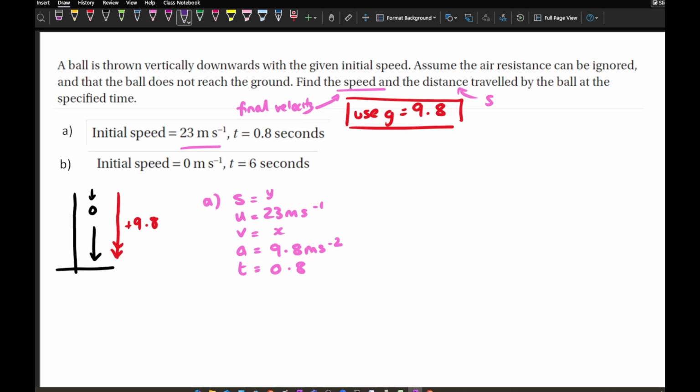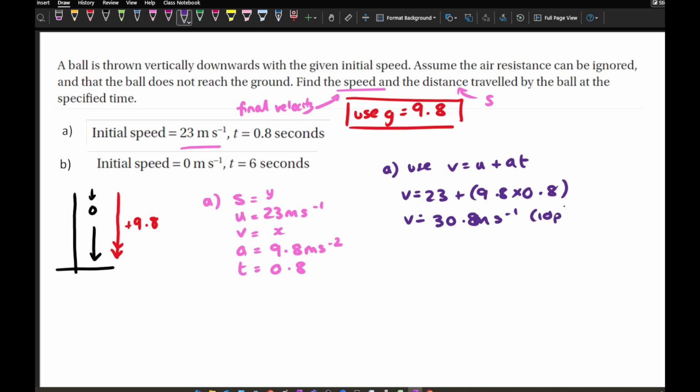So for part A, finding X, I'm going to use V equals U plus AT, in which then I get V equals 23 plus 9.8 times 0.8, and I get a V value of 30.8 meters per second, and that's to 1 decimal place.